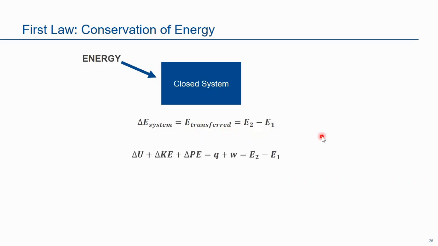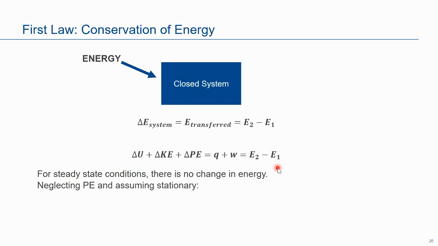Now, yung tinatawag nating energy of the system, it's the collection or the total of internal energy, kinetic energy, and potential energy. While the energy transferred is normally your heat and work. Kasi sila yung na-discuss natin na mechanisms of energy transfer. So that's equal to E2 minus E1. Now, if you have a case for steady state systems or conditions, there will be no accumulation of energy. Okay?